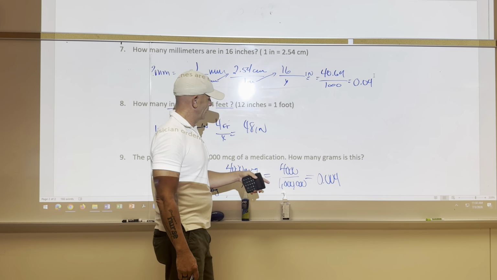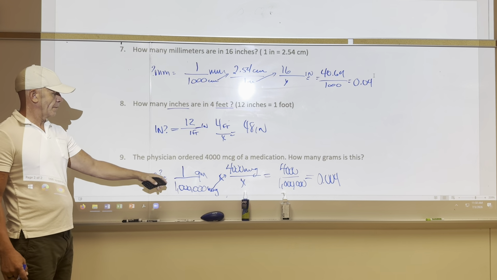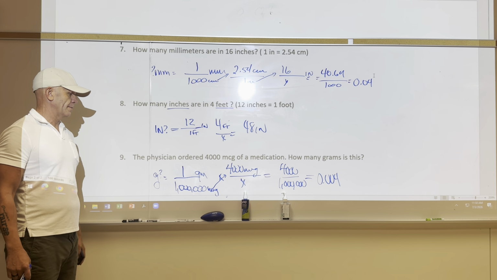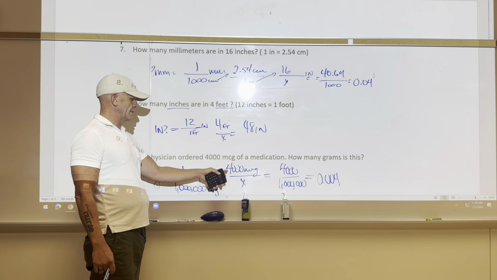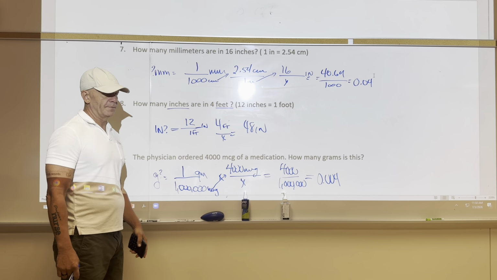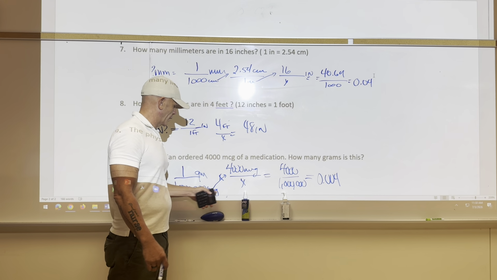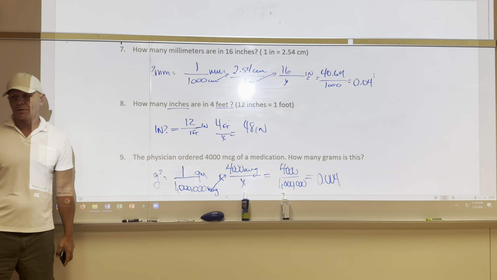We gotta convert over here. So 1 gram equals 1 million micrograms. We bring the micrograms up, because they're giving you 4,000 micrograms, that goes here over X. It gives you 4,000 over 1 million, gives you 0.004.